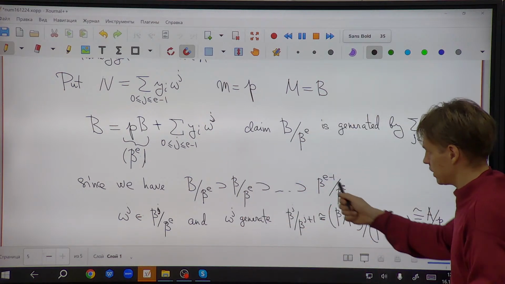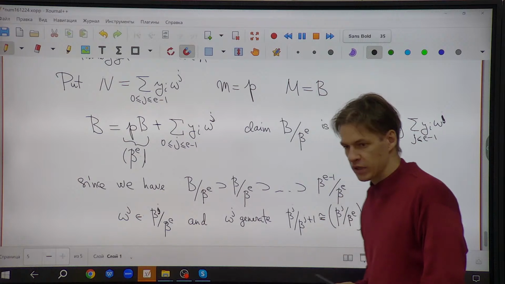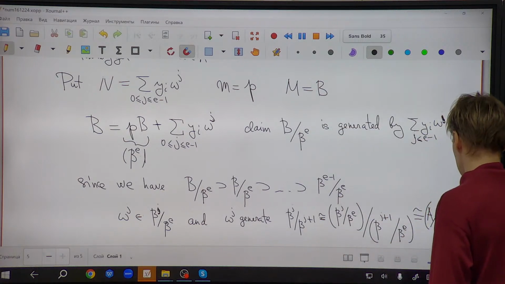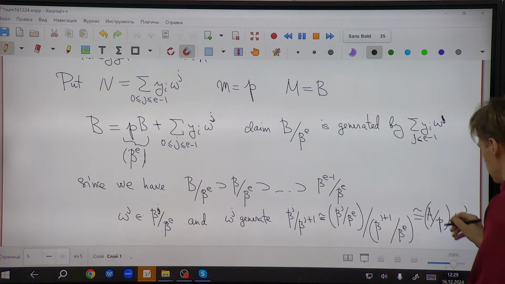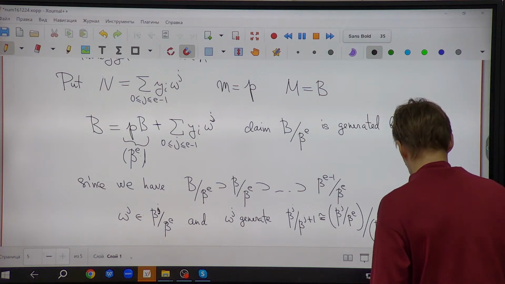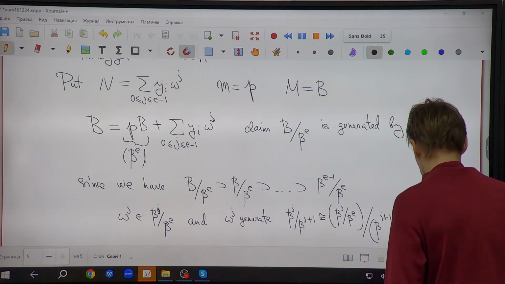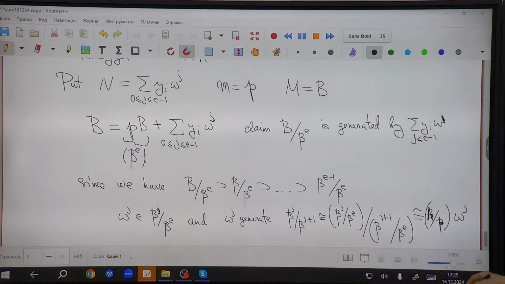It is a one-dimensional module generated by omega j. So it is isomorphic to A mod p, omega j, and that's, sorry, beta omega over beta.